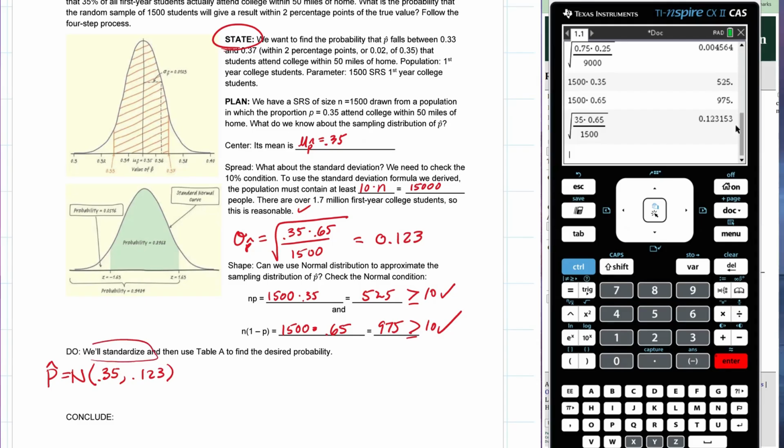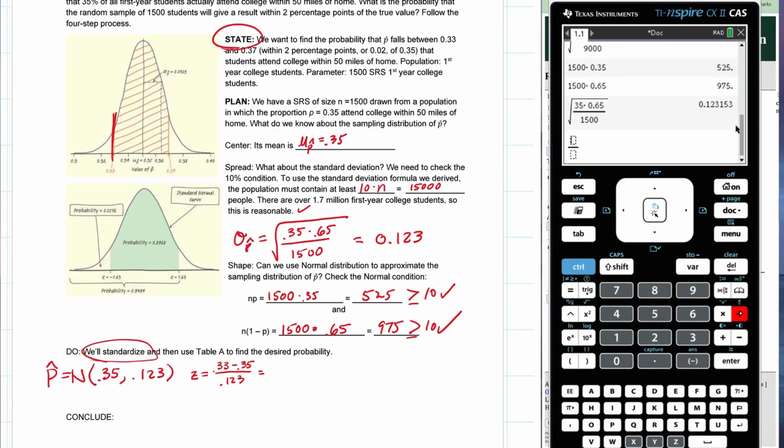now it says standardize. Let's do what they say. Let's calculate the z value for our two bounds. One bound is 0.33 minus 0.35, the mean, over the standard deviation, 0.0123. So 0.33 minus 0.35 all over 0.0123.